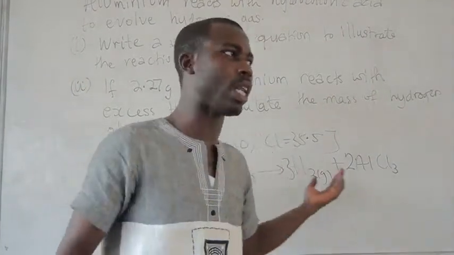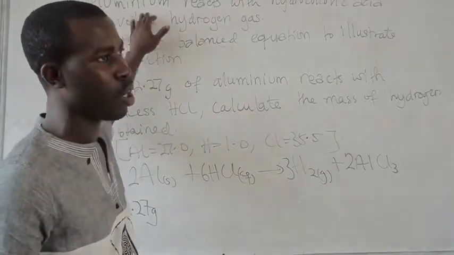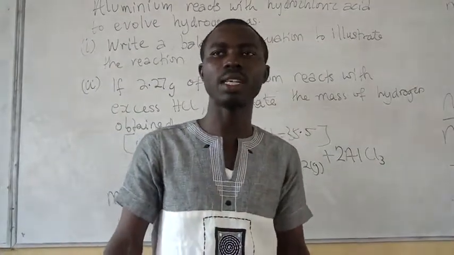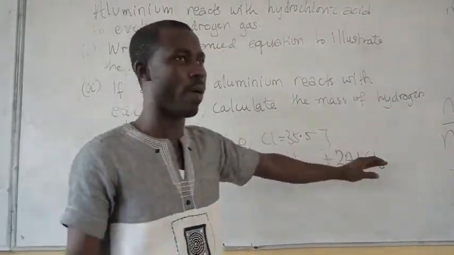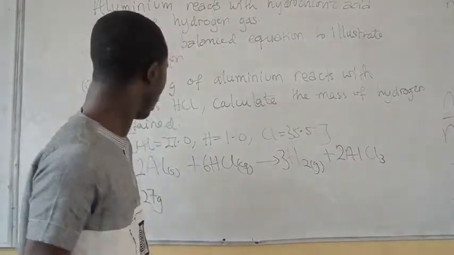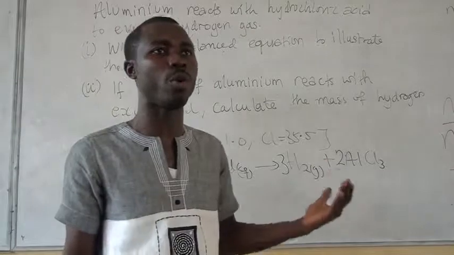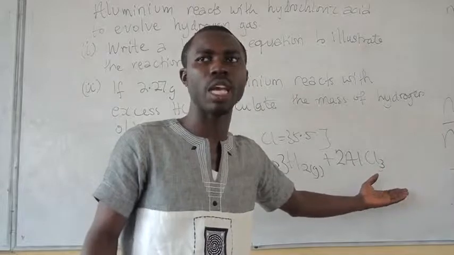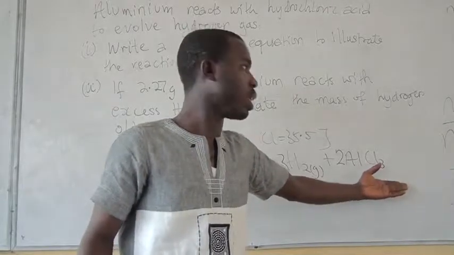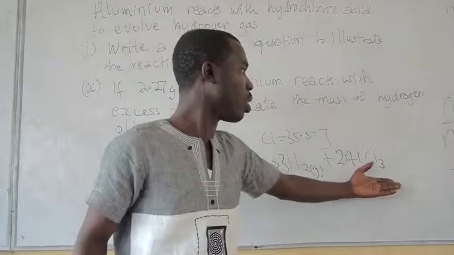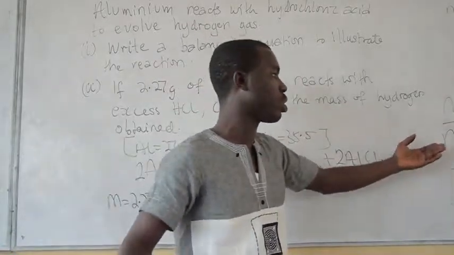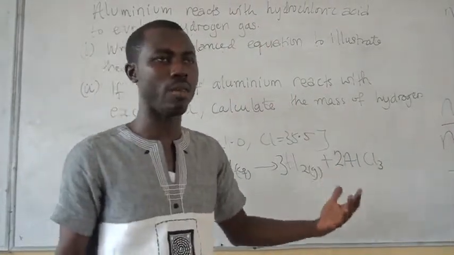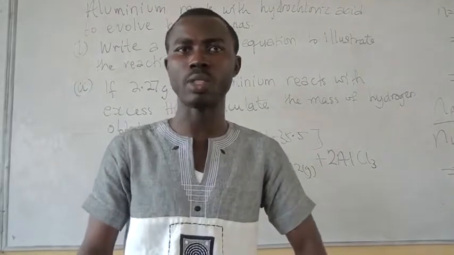And finally we looked at the question where we saw aluminium reacting with HCl to produce hydrogen gas and aluminium chloride. Now we saw how to use the mole ratios to help us to get the number of moles of other substances which we have not been given any information about. And then having solved, we were able to use the number of moles to calculate the mass of the substances involved in the reaction. I hope this has been a very good study.